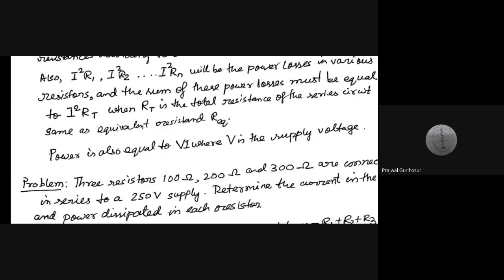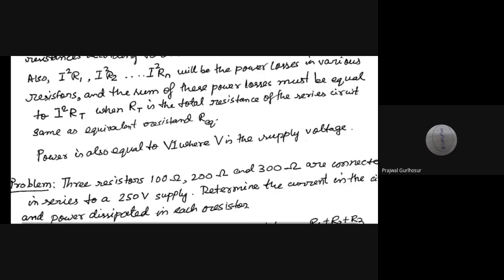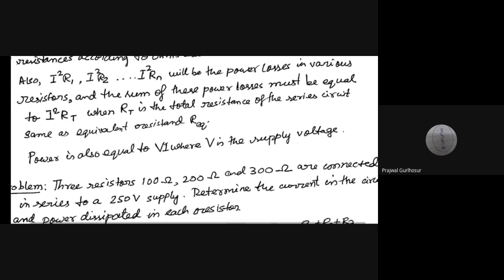Three resistors, 100 ohm, 200 ohm, and 300 ohm, are connected in series to a 250 volt supply. Determine the current in the circuit and power dissipated in each resistor.